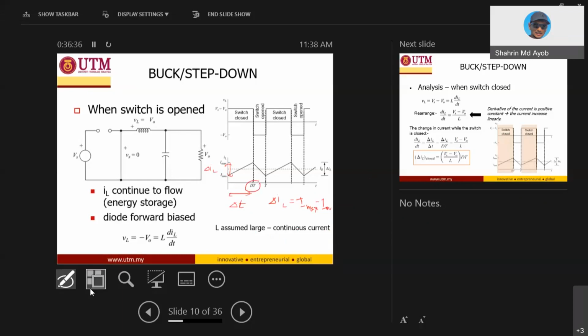D multiplied with T. So we actually define something here. From 0 to dt, we call this T on. So your T on is equal to dt minus 0. So meaning that your T on is dt.